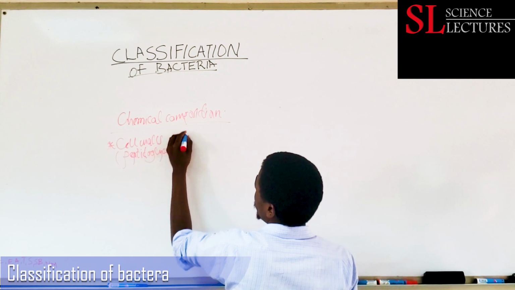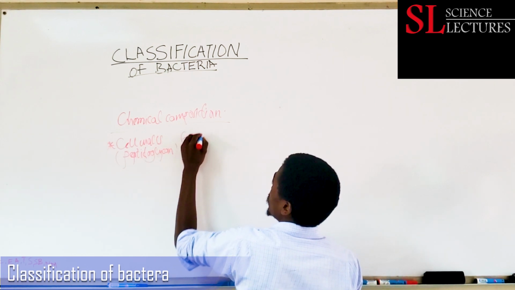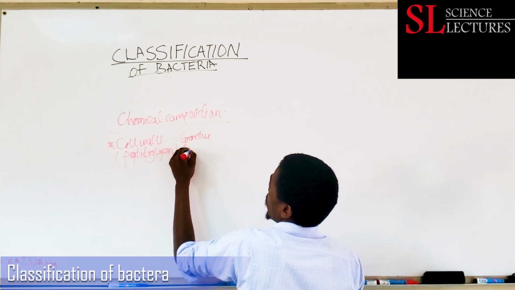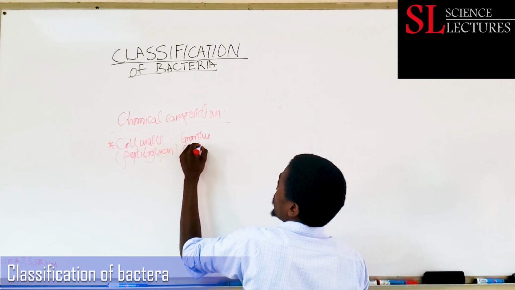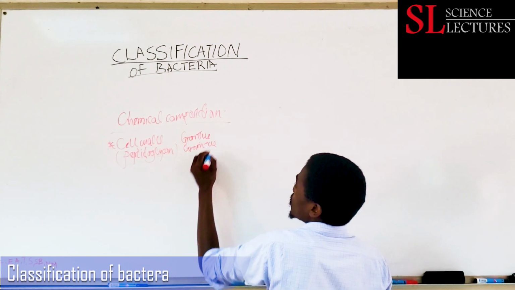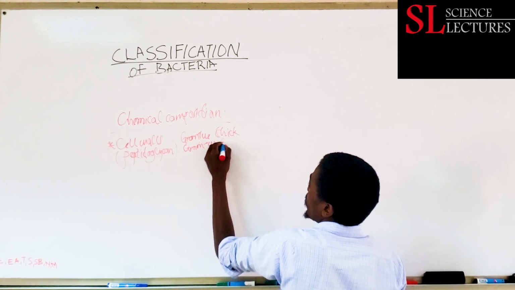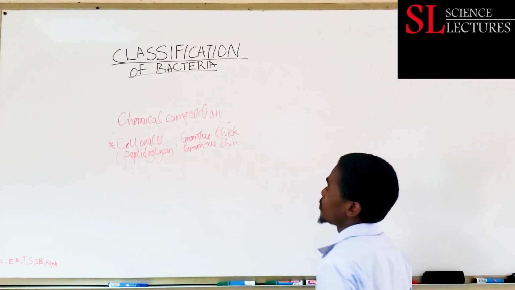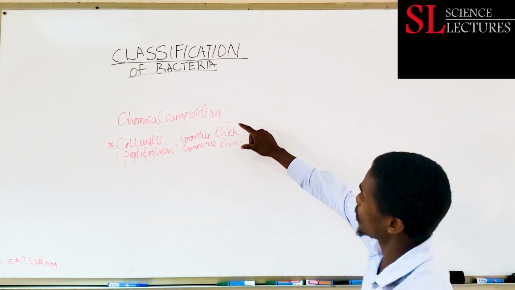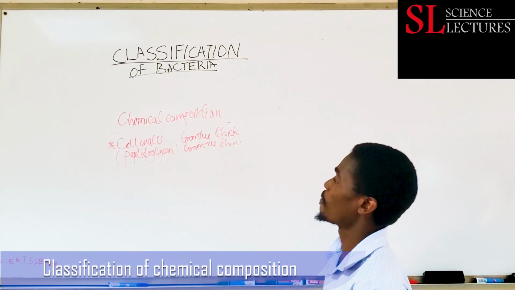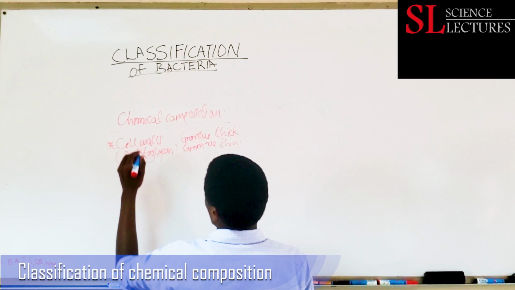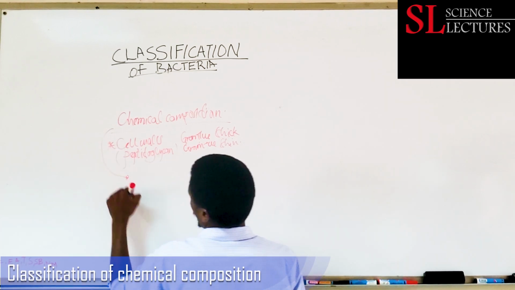However, we say bacteria are either gram positive or gram negative. But the gram positives have a thick peptidoglycan layer, and gram negatives have a thin peptidoglycan layer. So the difference in such a composition brings about a difference in chemical composition.